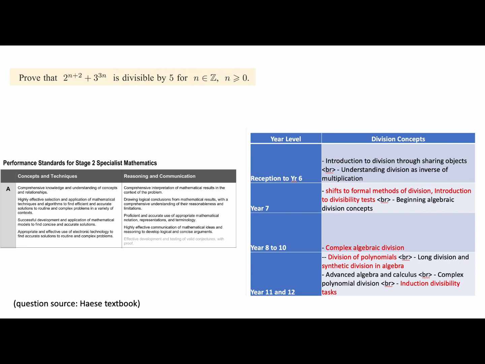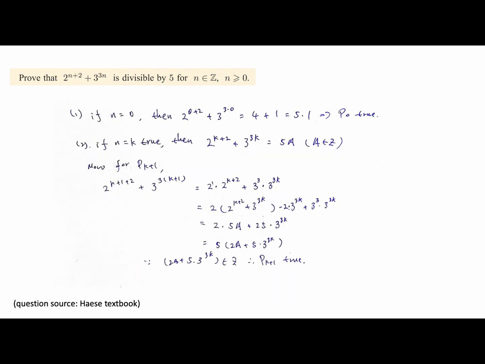Now we are going to use a Year 12 content induction divisibility task to practice this skill. Highly effective selecting and applying of mathematical techniques is part of the performance standard. So don't be afraid of thinking inside of the box. For induction questions, we start with the first proposition.